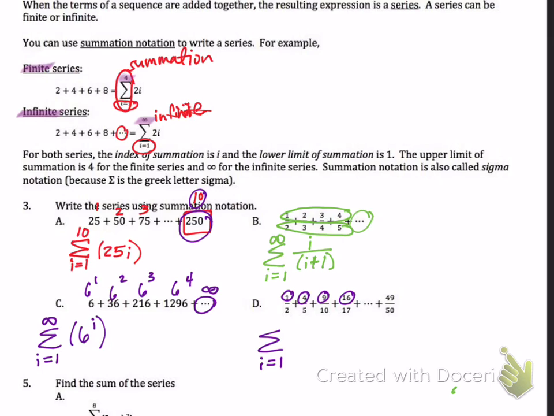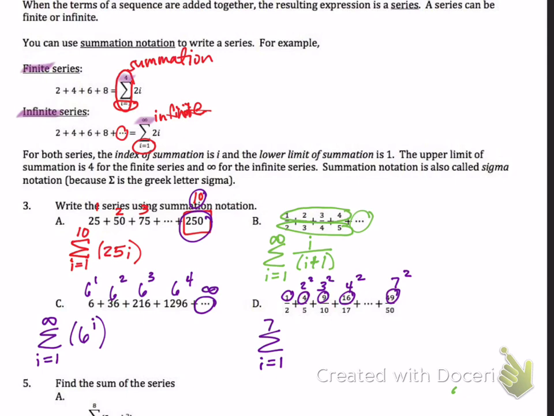The first one is 1 squared, the second is 2 squared, the third is 3 squared, 4 squared. All the way, what is 49? 7 squared. So I'm going to put a 7 at the top because I know that it stops at 7.